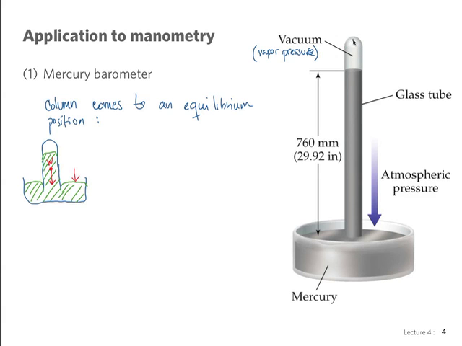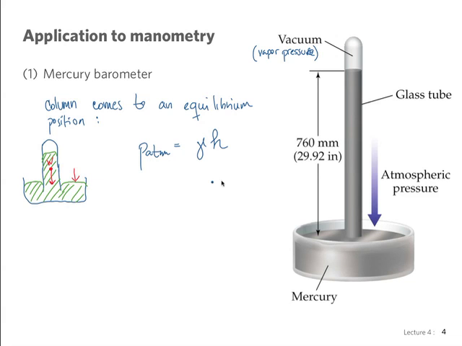And we, of course, neglect any pressure forces in this little space over here because, like I said, it's almost vacuum. It really is the vapor pressure, but it's very, very small. So we neglect that and we write the atmospheric pressure is equal to gamma H. Simple as that.